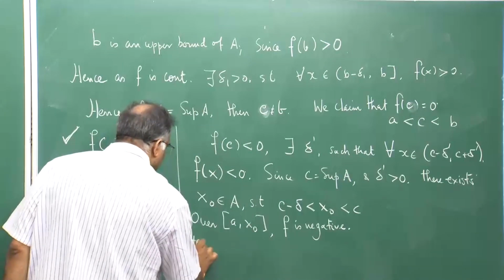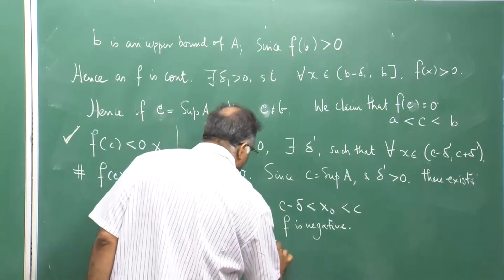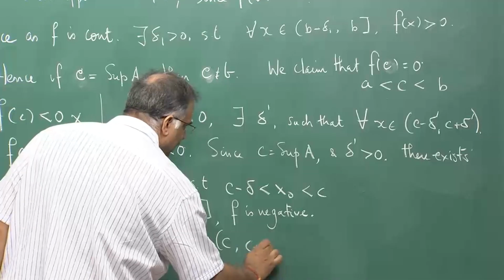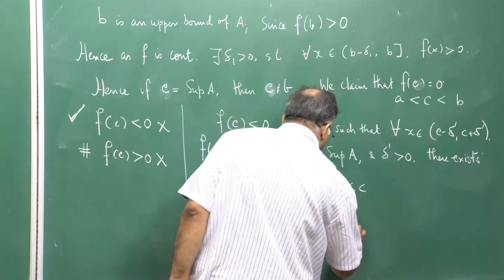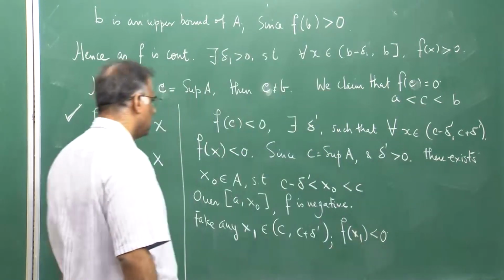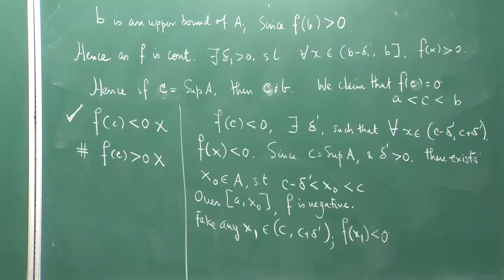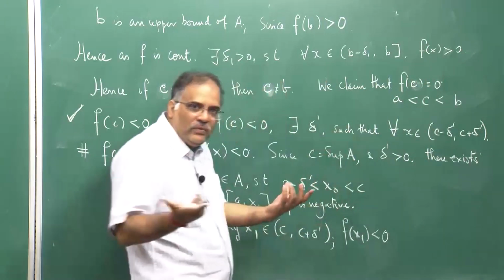Now take any x1 element of c to c plus delta dash. So what would happen? f of x1 must be strictly less than 0. In this whole interval, because fc is strictly less than 0, the function value is less than 0.